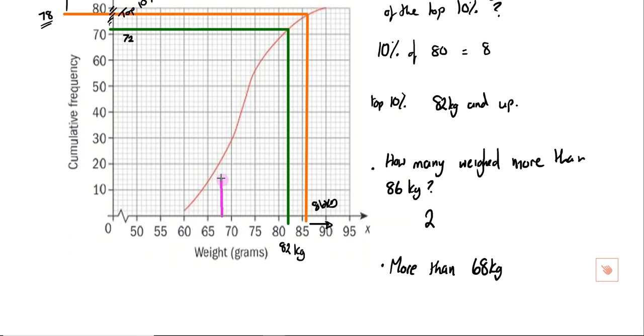Okay, we read up, and we read across. So I've got a value there of 22. So more than 22, so we do 80 in total minus the 22 gives me 58. So 58 are more than 68 kilograms.